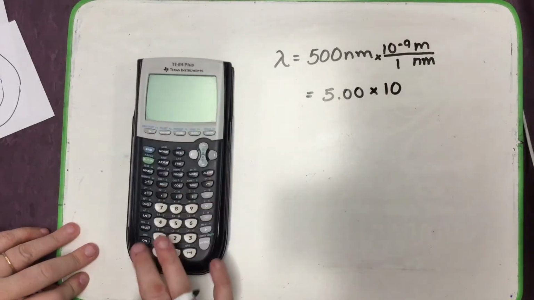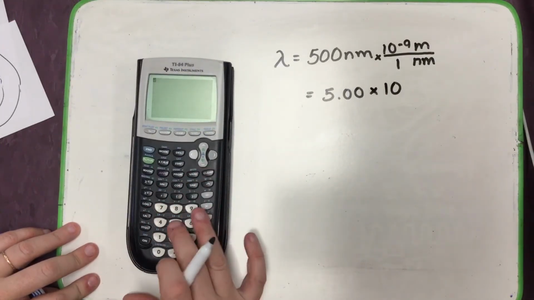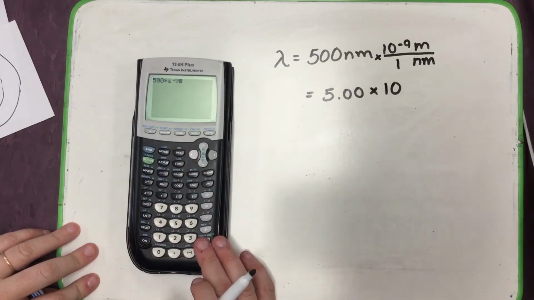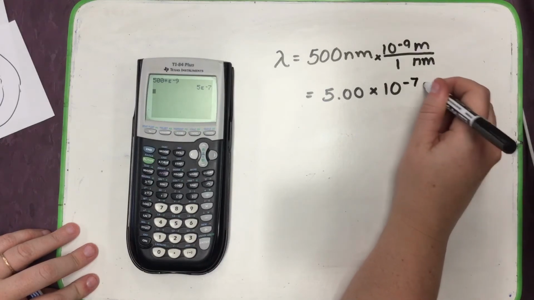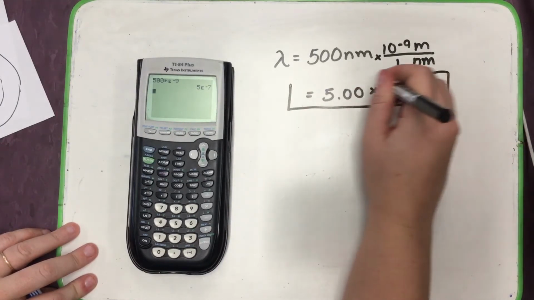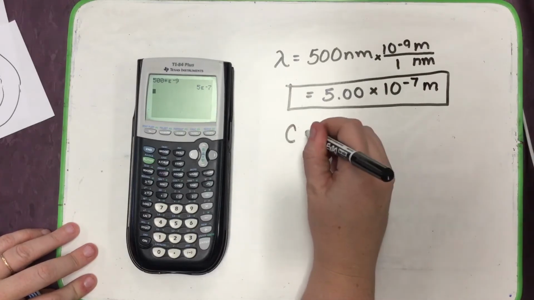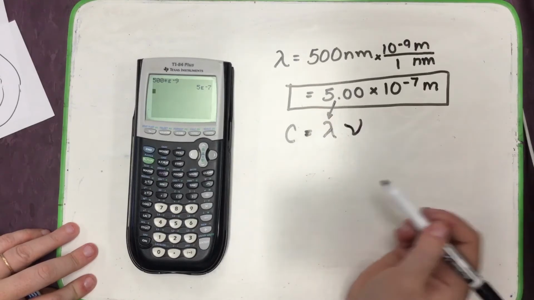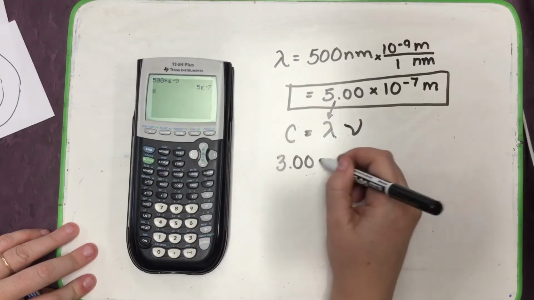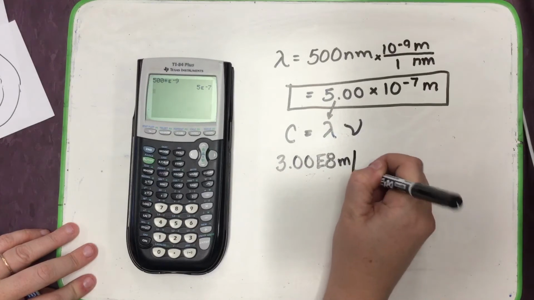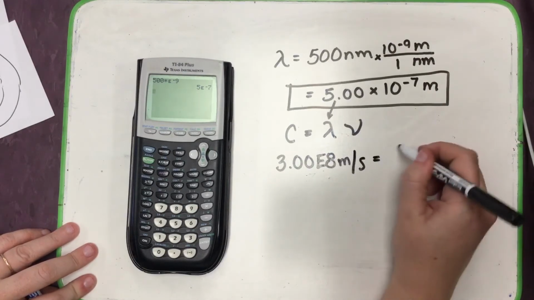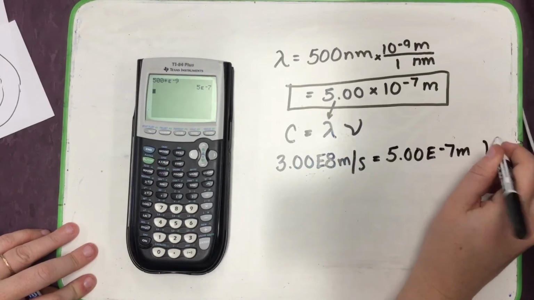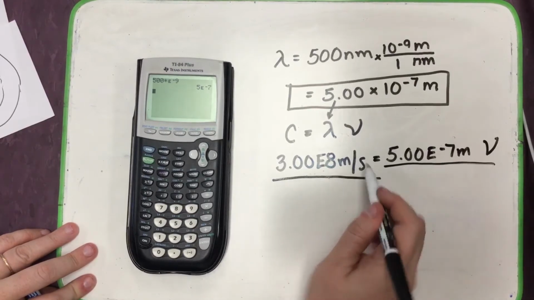And remember, if you're doing these calculations, you're going to need to say times E negative 9 or 1 times E negative 9. The reason that we need our wavelength in meters is because we want to stick it into this equation for the wavelength. And since the actual speed of light is given to us on the periodic table in meters per second, we need the wavelength in meters in order to cancel out that part.